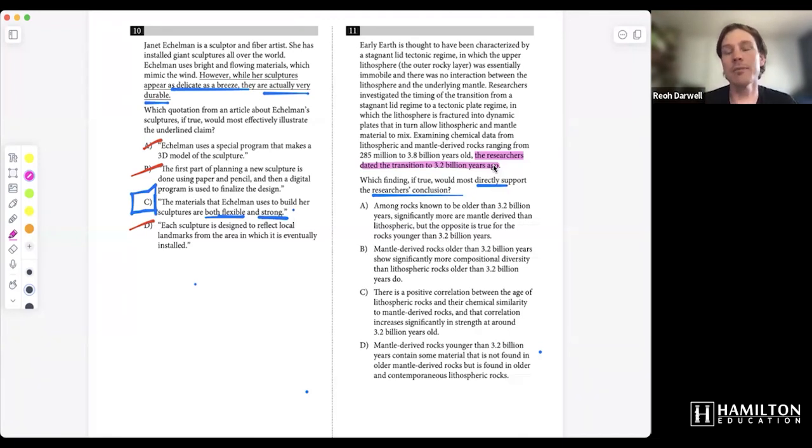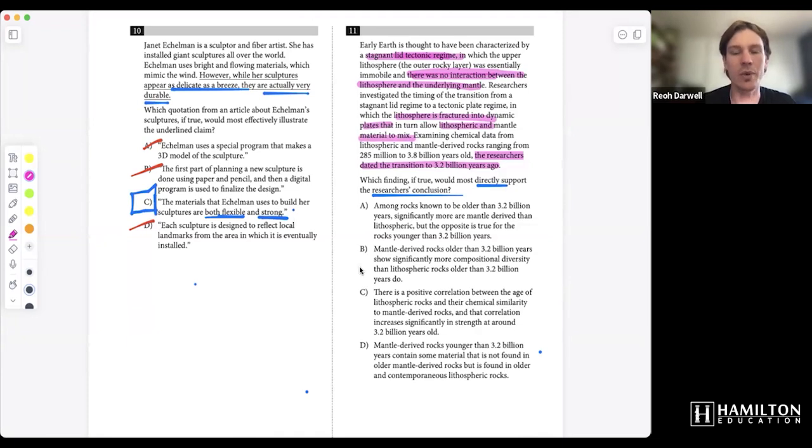So, you see that up here, and that's why it was immobile, right? Stagnant tectonic regime. All right. So, what would have allowed the transition to happen? Okay, well, the lithosphere is fractured that allows material to mix.